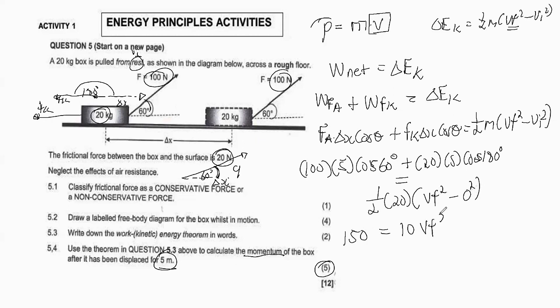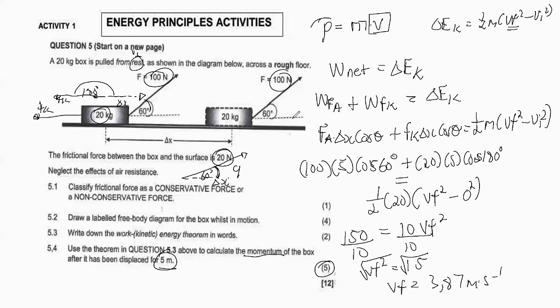Then at this point, we divide both sides by 10. So our Vf squared is equal to 15. And then to find our answer, we need to square root both sides. Then our final velocity is 3.87 meters per second, right? So I just rounded off to 2 decimal places.